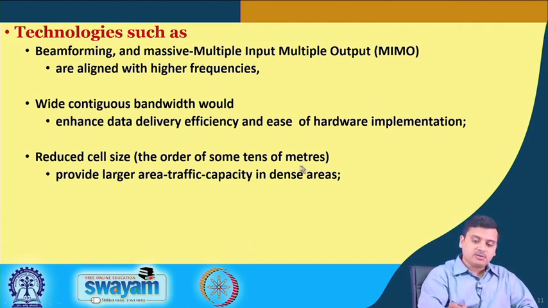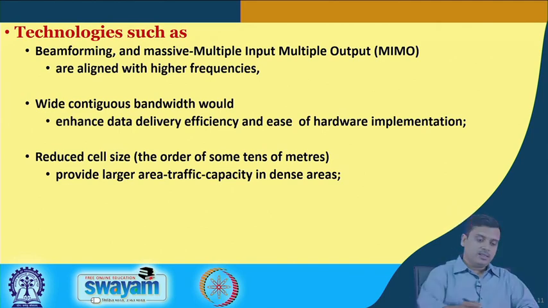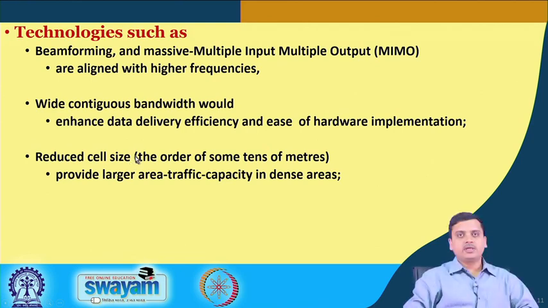Reduce cell size. So, we will again see at a certain point that amongst the various methods which have been able to provide an increase in capacity, the reduction of cell size is one of the very important factors. Although it is very classical, it can enhance the capacity by a significant factor.